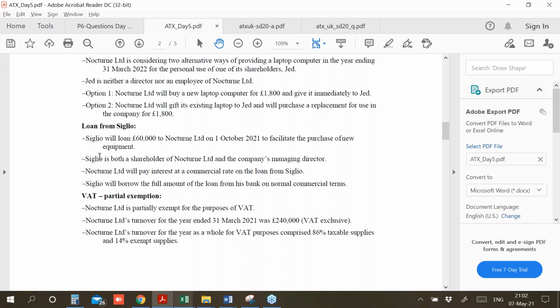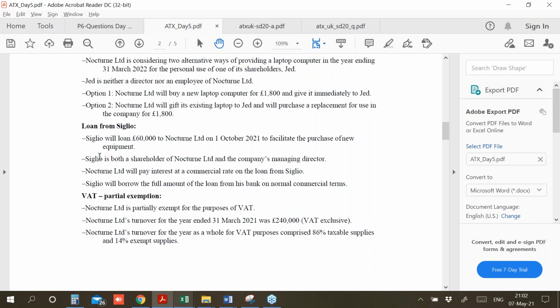Siglo is both the shareholder of Nocturne Limited and the company's MD as well. So do remember that he is not only a shareholder, he is an employee of the company as well. Nocturne Limited will pay interest at a commercial rate on the loan from Siglo. Siglo will borrow the full amount of the loan from the bank on normal commercial terms.